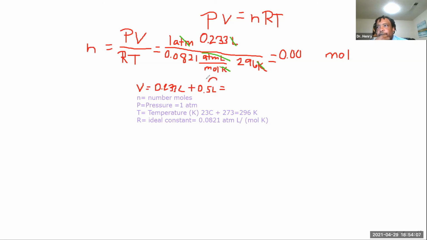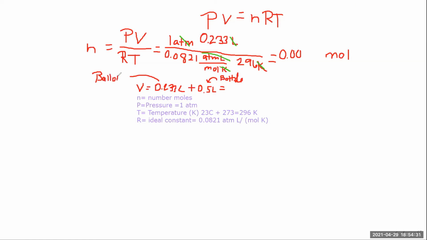So that's from the bottle, because the gas is going to occupy the bottle as well as the balloon, right? And this is from the balloon. Sorry about that, after we did all that hard work. Okay, so then that's 0.733.